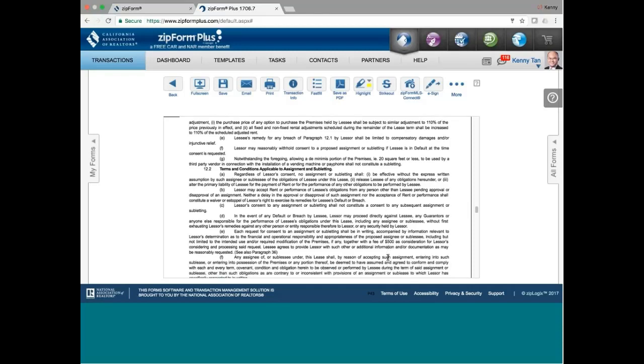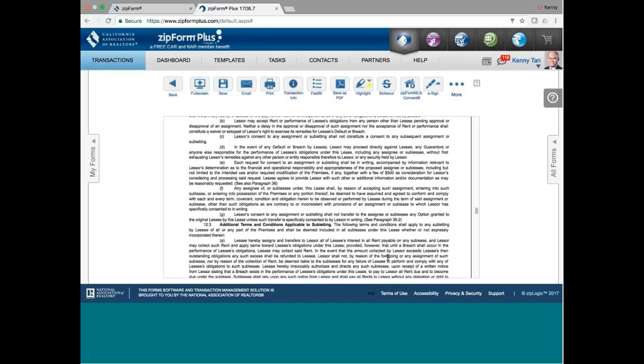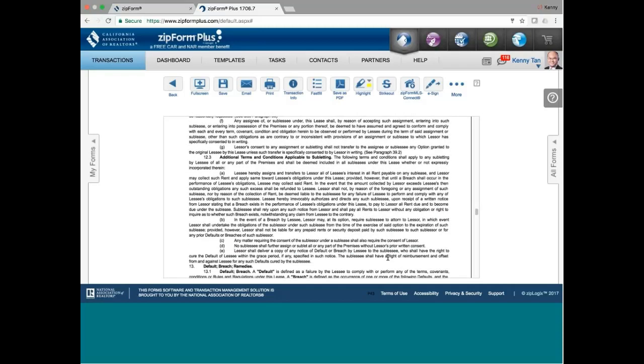And let's look at the terms and conditions applicable to assignment and applicable to subletting. I don't think we covered enough on subletting. It says here, the following terms and conditions shall apply to any subletting by lessee of all or any part of the lease premises, and shall be deemed included in subleases under this lease, whether or not expressly incorporated herein.